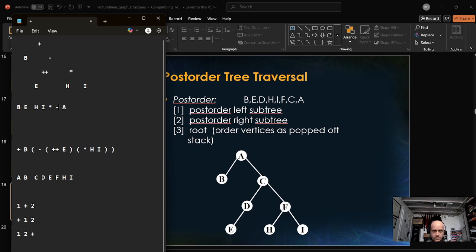C is the minus, A is the plus. There we go. So I'm working from the right to the left here. And as I build through from the post-order traversal, right, I take H and I.